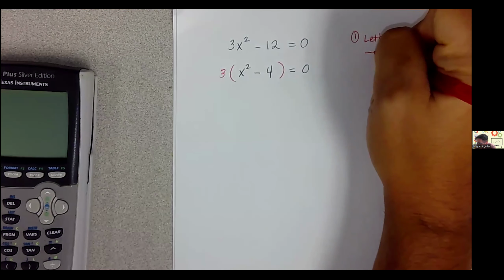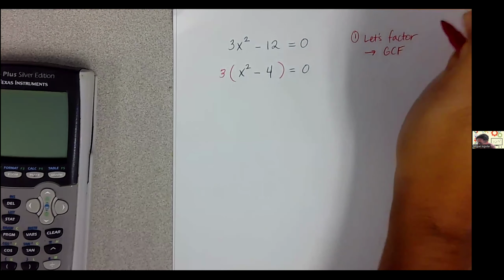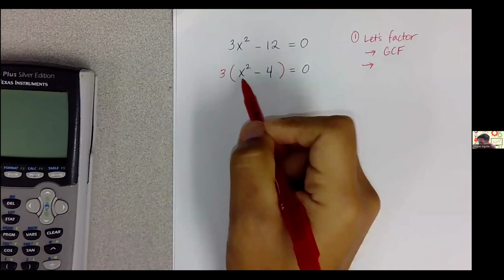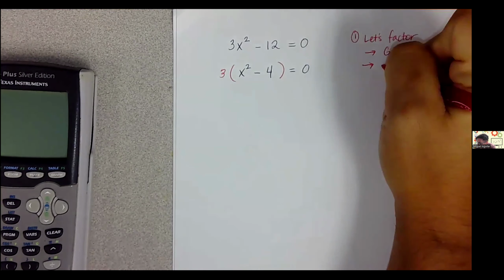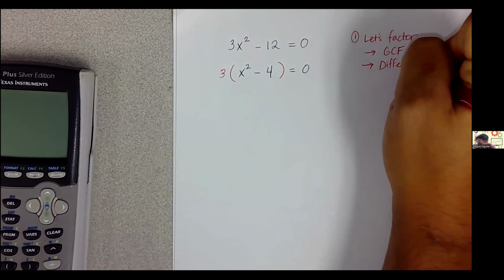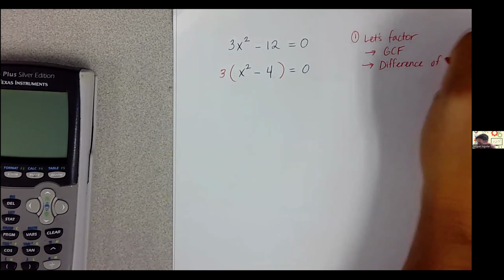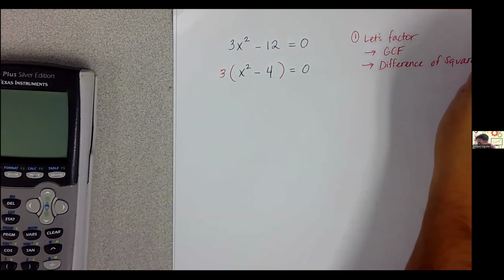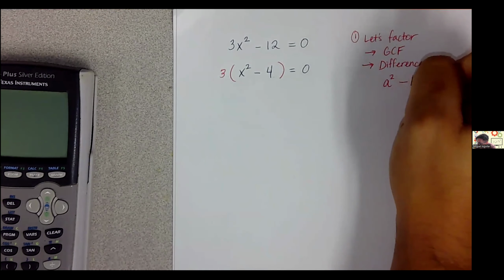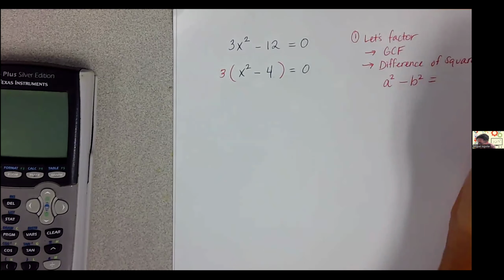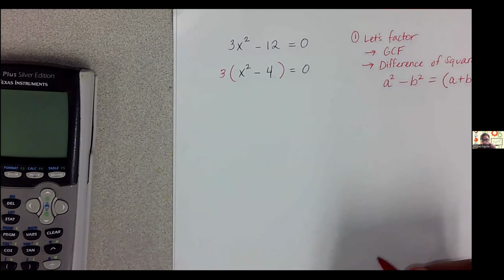The first thing that we did was factor out the GCF. And now, inspecting this binomial inside the parentheses, it looks like a difference of squares. If you recall the formula for the difference of squares factorization, if I have a squared minus b squared, and those two are perfect squares, then we can factor that into a plus b times a minus b.